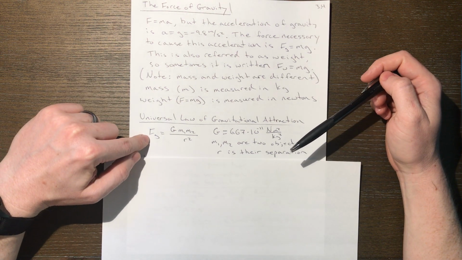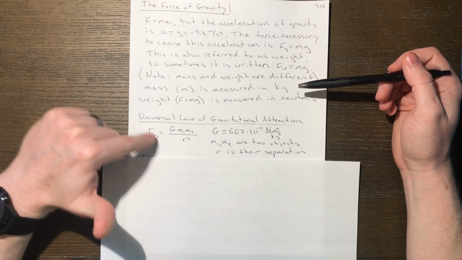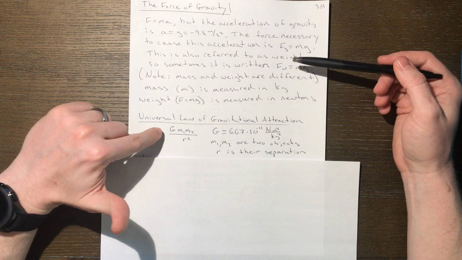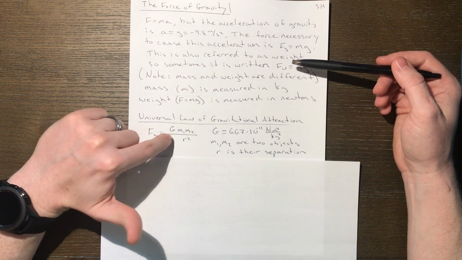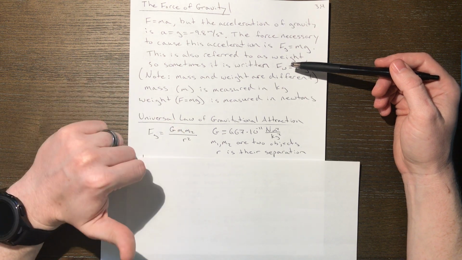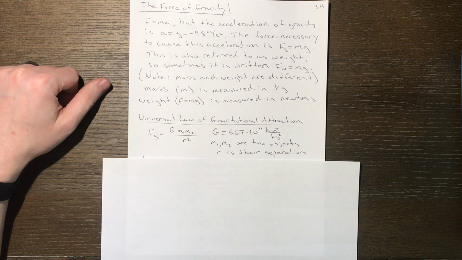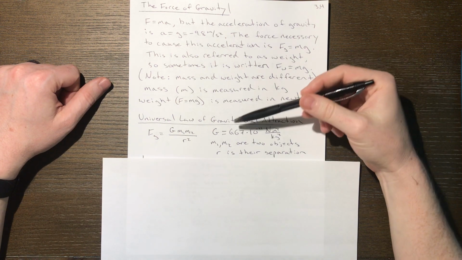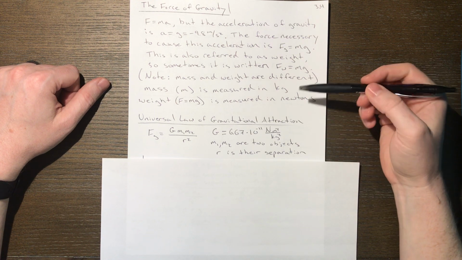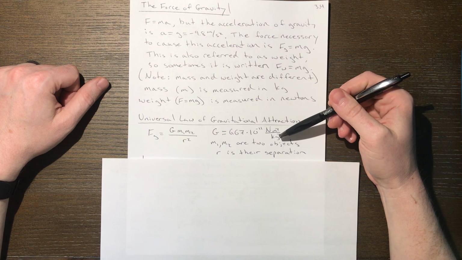Now, I have written here F sub g, because this is always going to be gravity. This is the equation that describes the force of gravity. And it's given by a capital G constant times m1, one mass, times m2, another mass, and it's divided by r squared, where r is their separation. And I've given the value for G over here, 6.67 times 10 to the minus 11, and it comes with units of newton meters squared per kilogram squared.